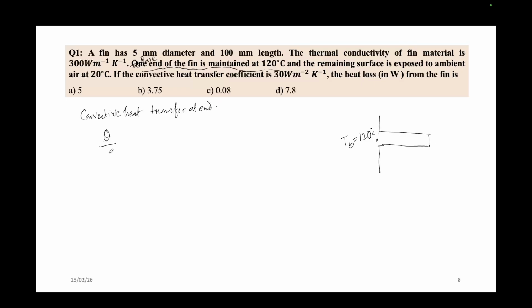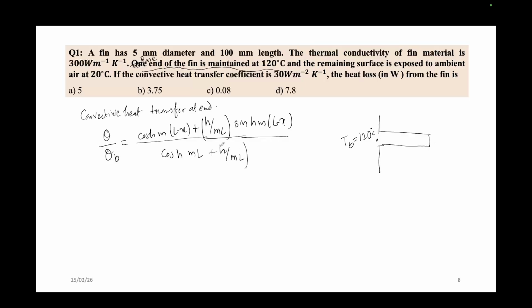So what should theta by theta b be? It should be cos h m(l minus x) plus h by mk sin h m(l minus x), divided by cos h ml plus h by mk sin h ml, right? Please let me know if I am wrong.